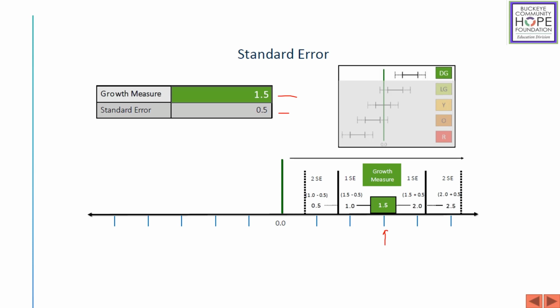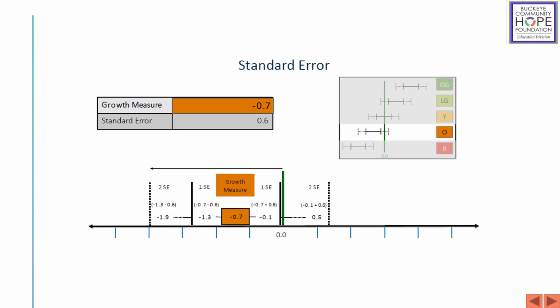One standard error takes us up to 2 and down as low as 1, clearly above the growth standard of 0, that goal. When we use 2 standard errors, we drop down to 0.5 and up as high as 2.5, still clearly above the growth standard of 0. So the color coding for that would be the dark green.